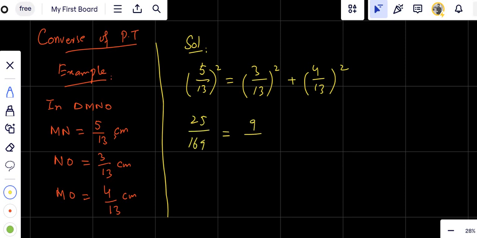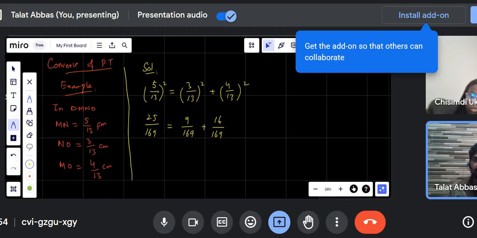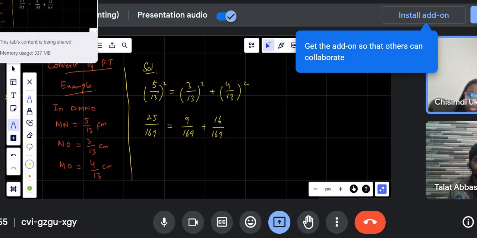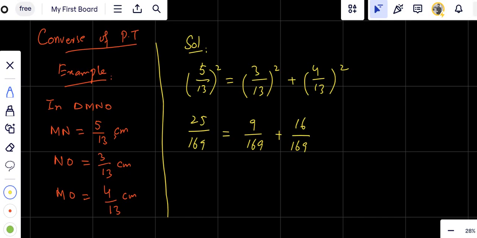Then 3 square is 9 over 169, and 4 square is 16 over 169. We can simplify fractions using the LCM method, and since they have the same base, the LCM is 169. So 9 plus 16 is 25 upon 169.